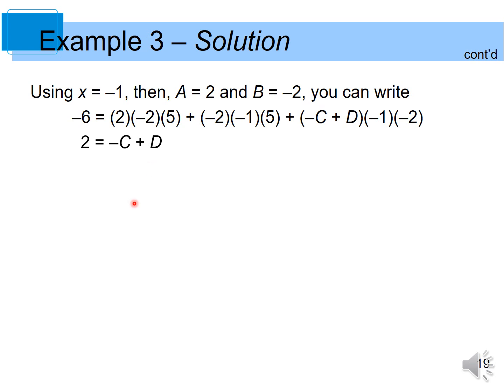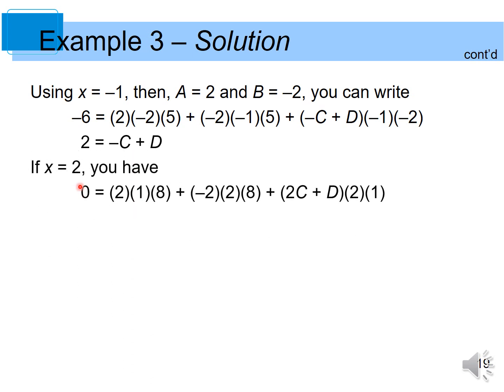For another value, we can let x equal to 2, just any value. Then we substitute the 2 for x in the basic equation, with A equal to 2 and B equal to -2 as well. And then we simplify, and we obtain this equation. We can call this equation the first equation, and this the second equation.